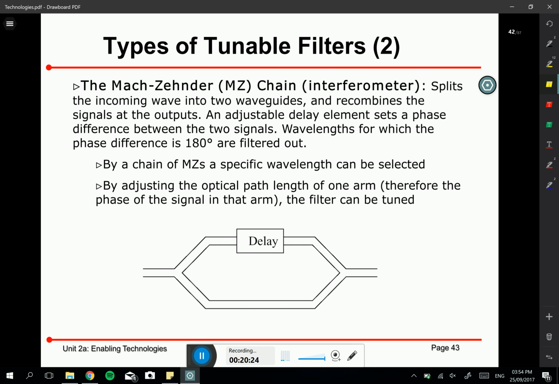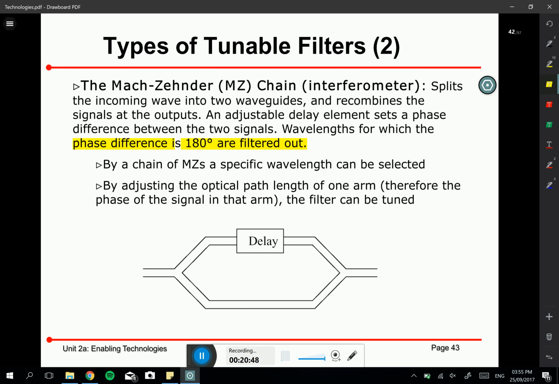So if you delay the signal by exactly the amount of space needed to have a 180-degree change in the phase of that signal, then when they recombine here, the two signals disappear because they are exactly in counter phase.